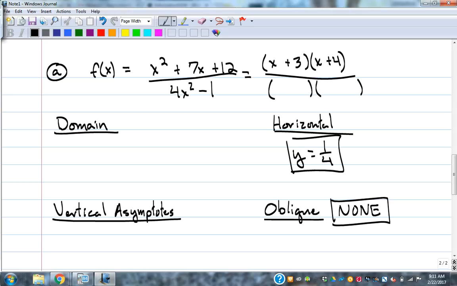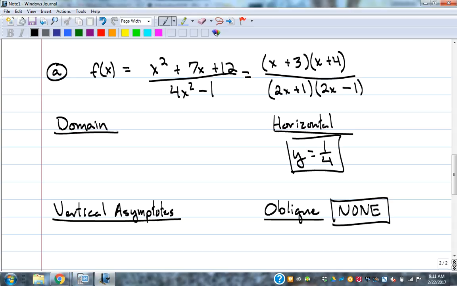The denominator factors as 2x plus 1, 2x minus 1. Just some basic Algebra 1 factoring. You're not going to get anything incredibly difficult to factor with this stuff. They're already complicated enough as fractions, so they're not going to give you huge polynomials on top and bottom that you have to factor.